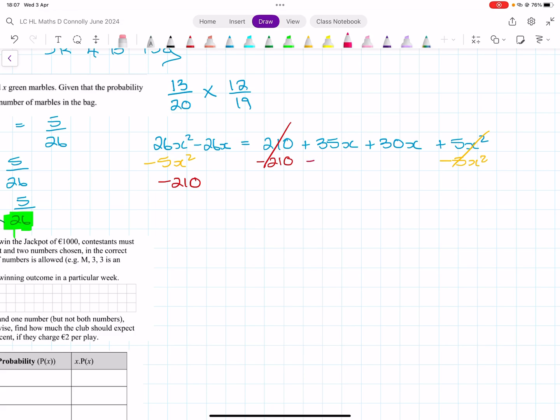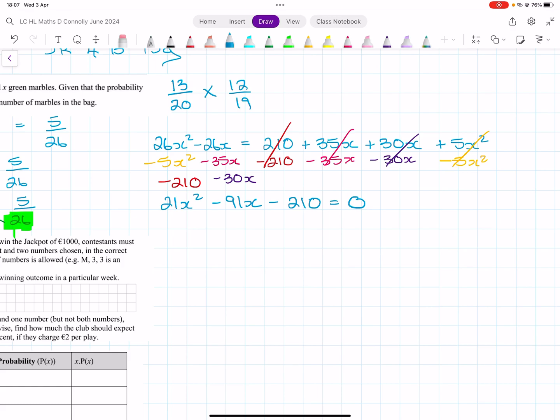And then this is minus 35x, and minus 30x. Okay, and then tidy this up. So 26 minus 5 is 21x squared. The x's are minus 26, minus 35, minus 30, which is minus 91x, and then minus 210.